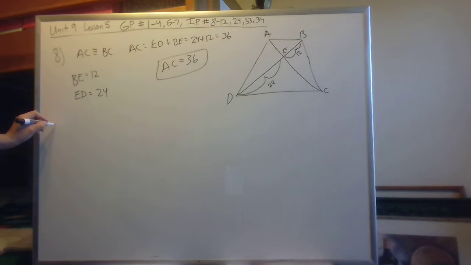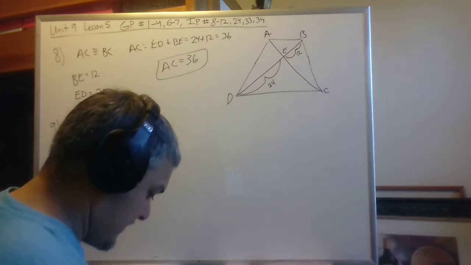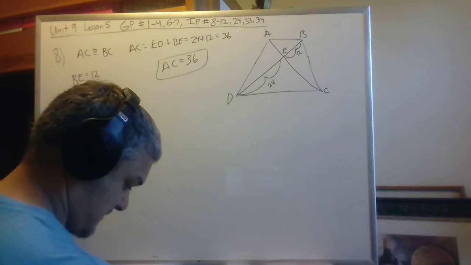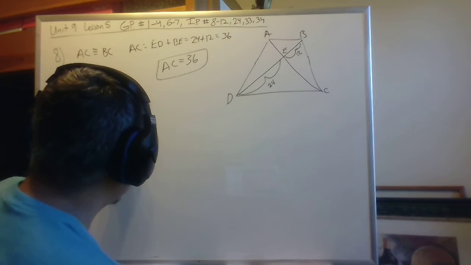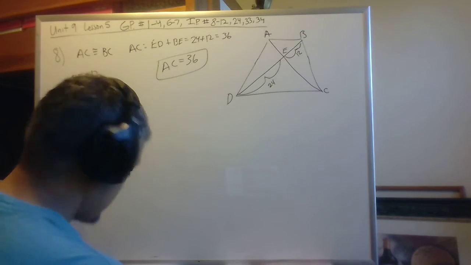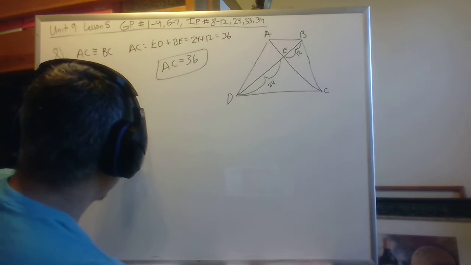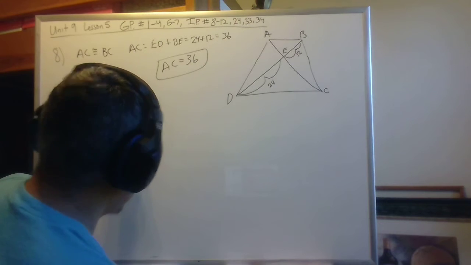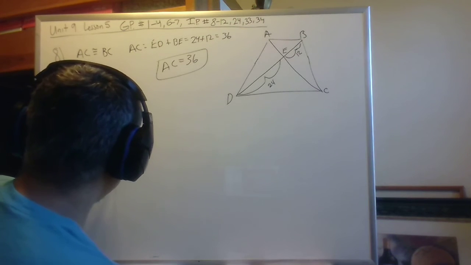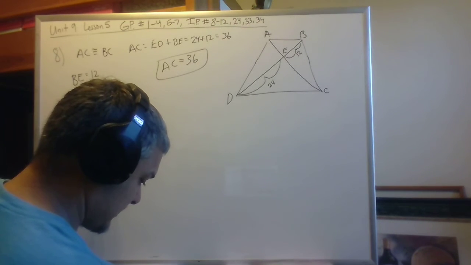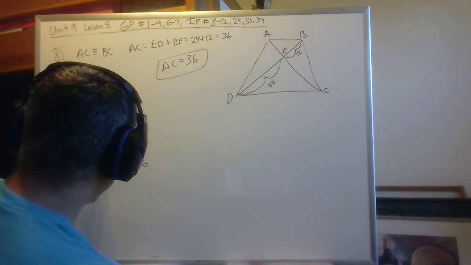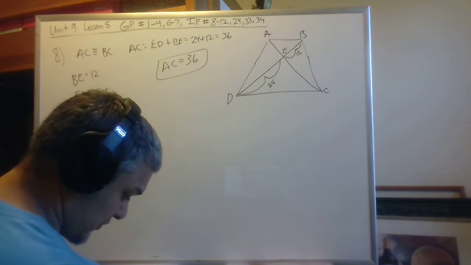All right, so let's look at number 9. Number 9 has a trapezoid that is sideways, labeled E, H, F, and G. We know it's an isosceles trapezoid because we have the congruent symbols.